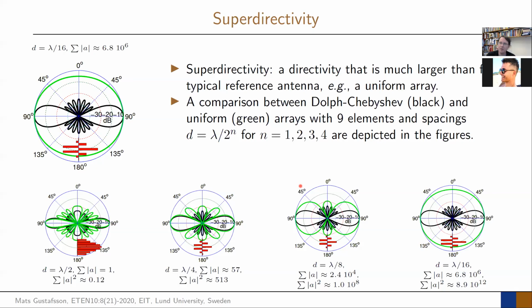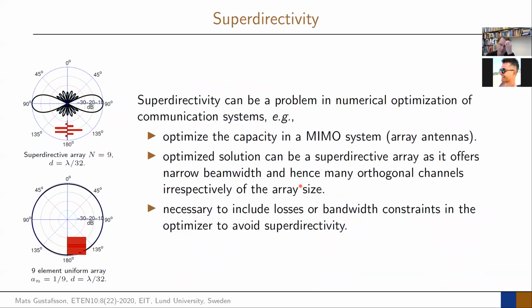So this is superdirectivity. And it can be a problem in some numerical optimization of communication systems. If you just plug in that you have some array somewhere, and you are not careful about making it realistic with the element spacing and so on, and you would like to maximize the capacity, you can actually come into cases where you go into superdirectivity. So your solution might find a superdirective solution, which is not realistic.